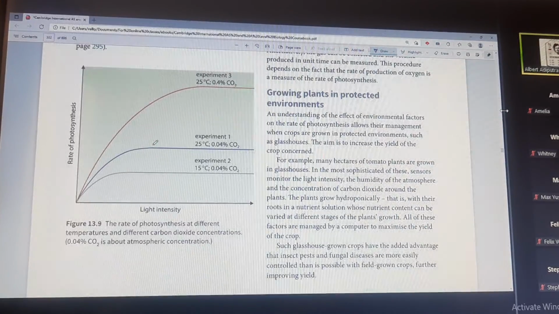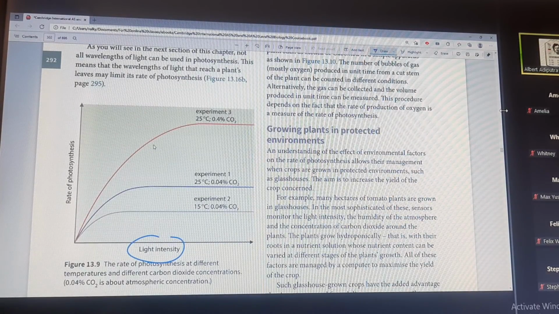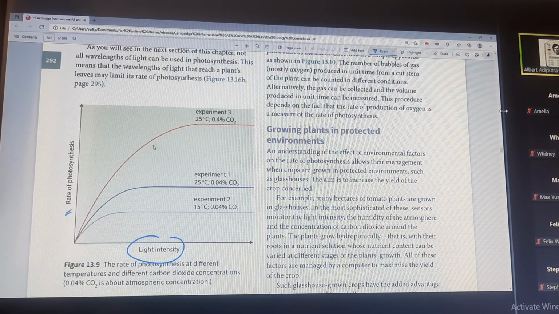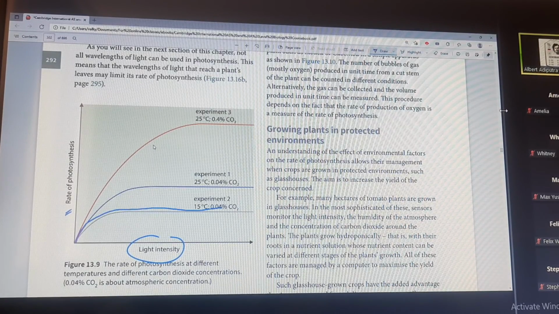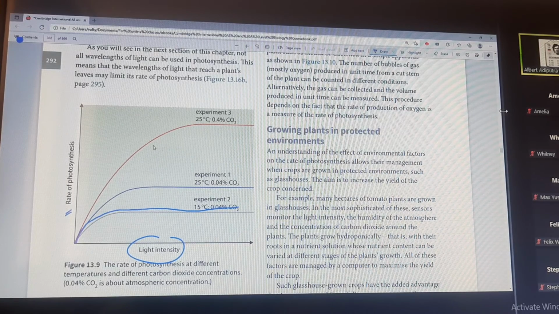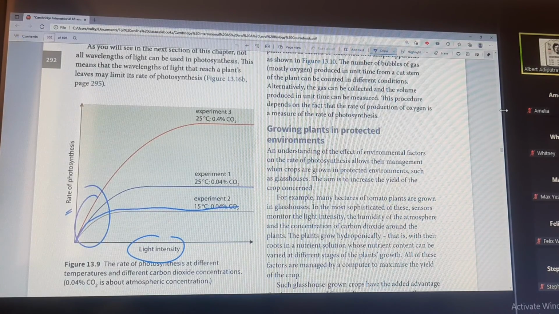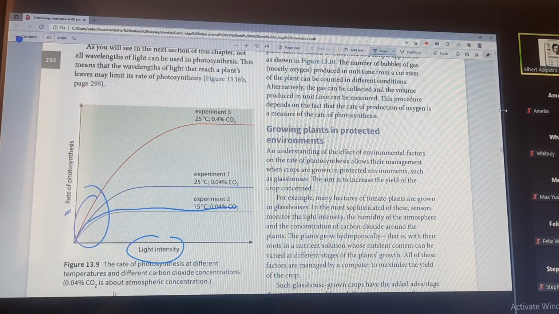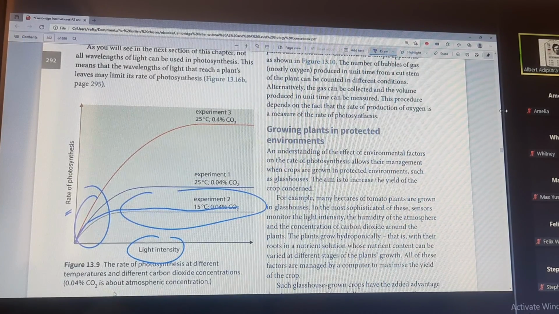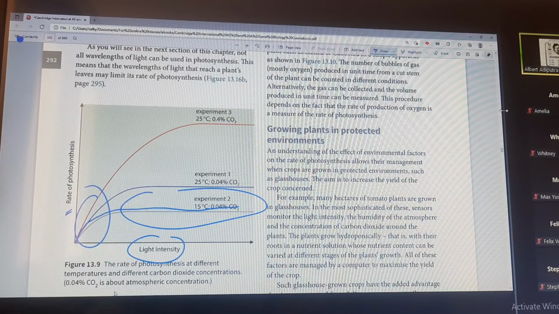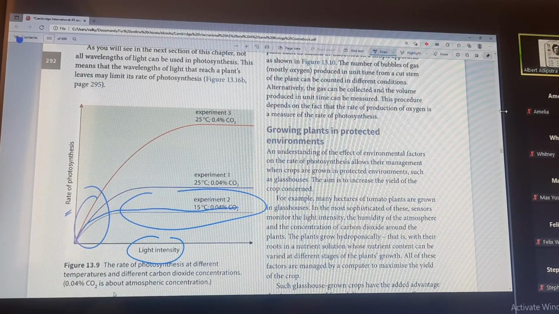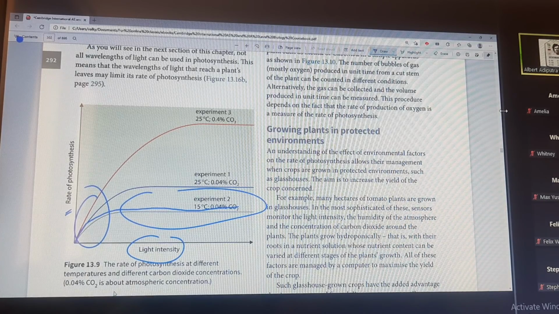For example, if you have various light intensities and then you measure the rate of photosynthesis against various light intensities, and then you get this kind of graph here, you guys have acquired the knowledge and understanding that this part of the graph is where the rate of photosynthesis is limited by the light intensity, and this part of the graph shows the rate of photosynthesis is no longer limited by the light intensity, because the light intensity is no longer limiting since the intensity has been abundant.